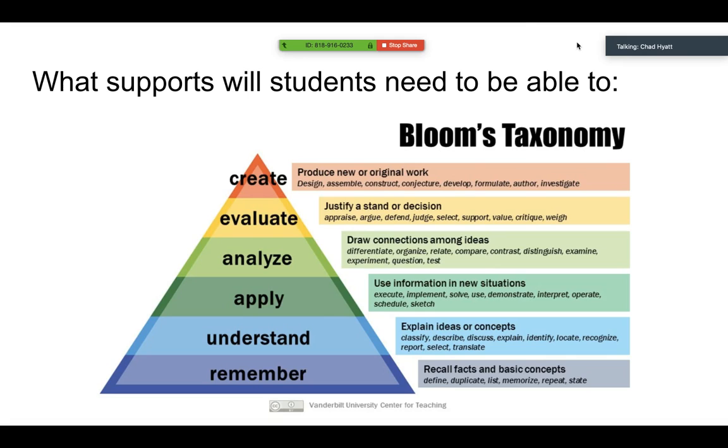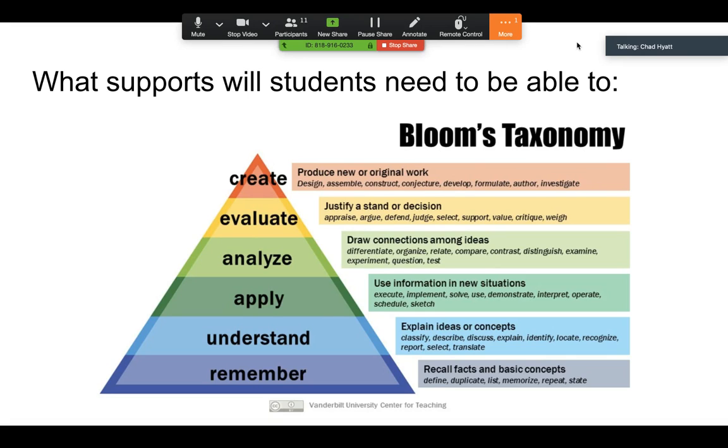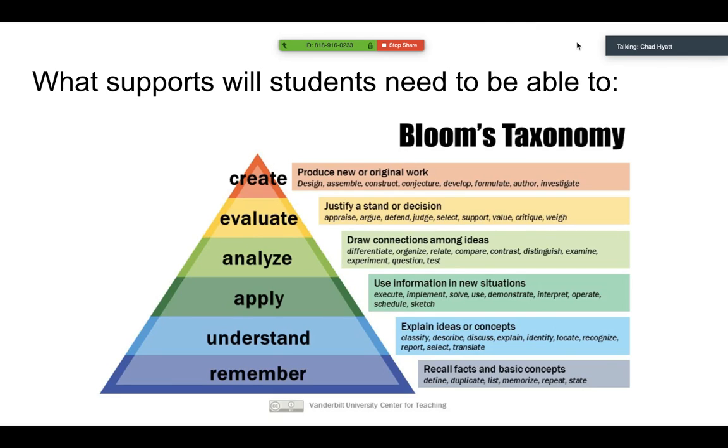So for example, if my task is to look at the remember level here, and I'm going to have students recall facts and basic concepts, then what am I doing to help that recall happen? Am I starting to think about word banks and vocab lists and such?